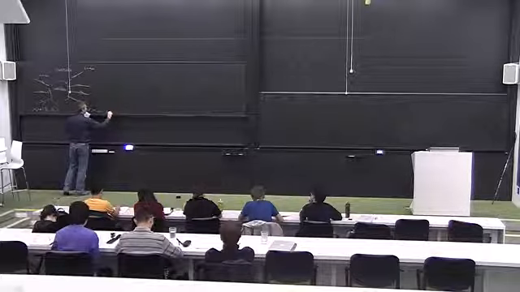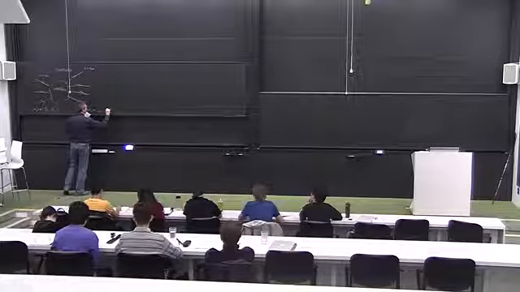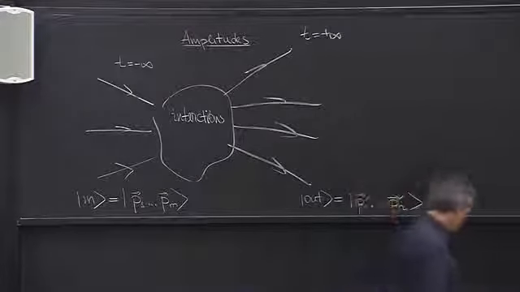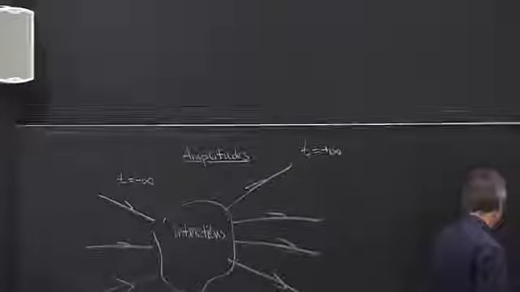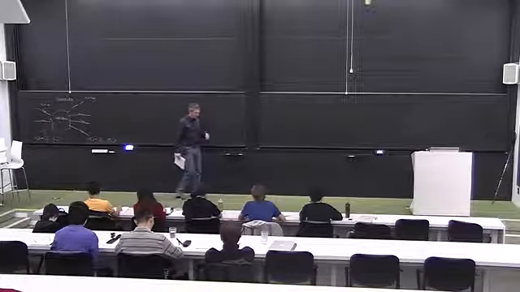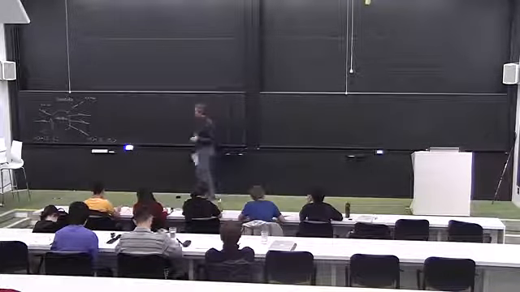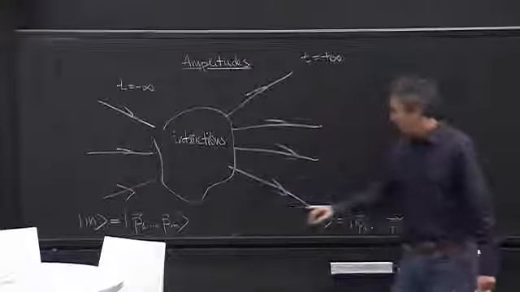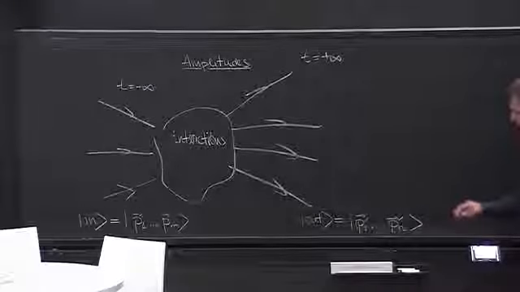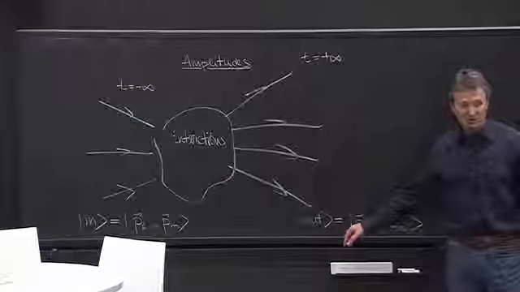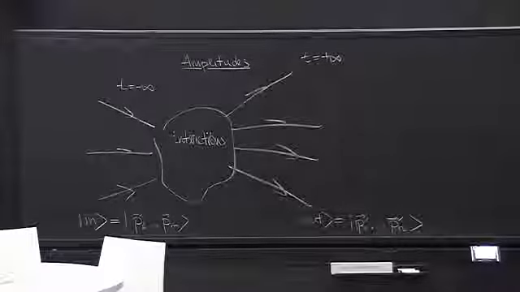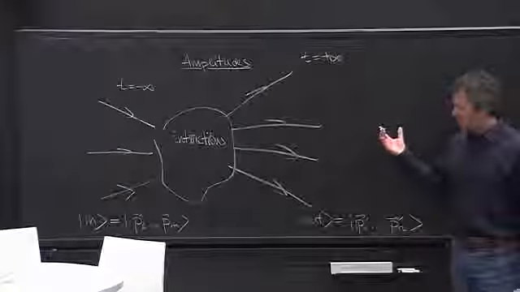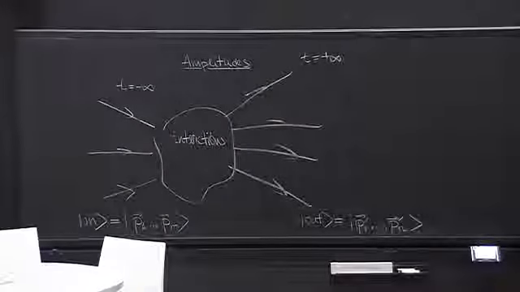So the number of particles need not be conserved, and of course their momenta will also be different. So the in state is given, and we want to calculate the probability to produce a given out state. If you know how particles interact, this probability should be calculable.